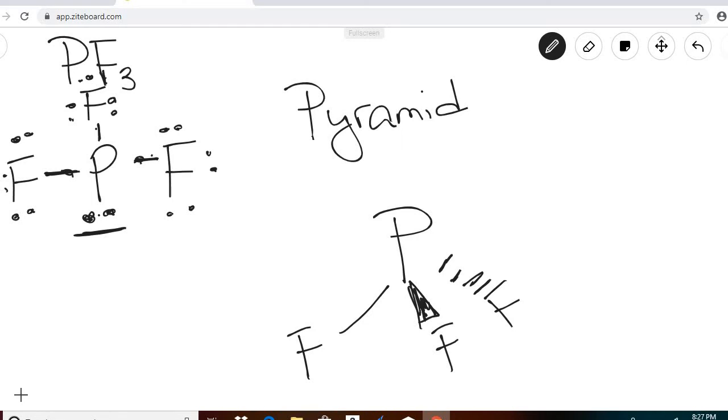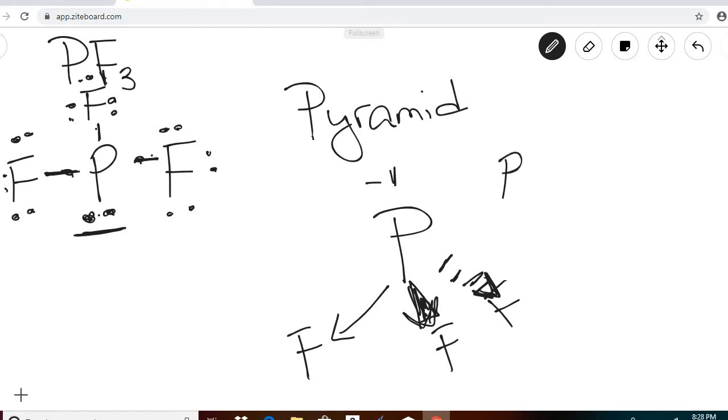So then we ask the question, is it a polar or non-polar molecule? So the fluorine is going to be pulling on these harder than the phosphorus because it's farther to the right. Because there's nothing pulling upward on this, you're not going to have equal pull.